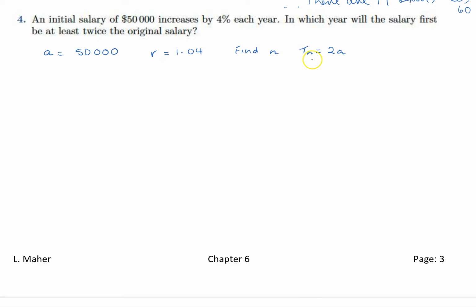And so if that's when it is, it's appearing as twice the initial, we'll know to round up, because realistically that term doesn't occur. And if we took it down to the whole number, then that's not where the double the first salary occurred.